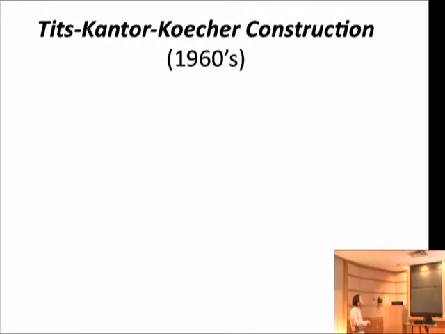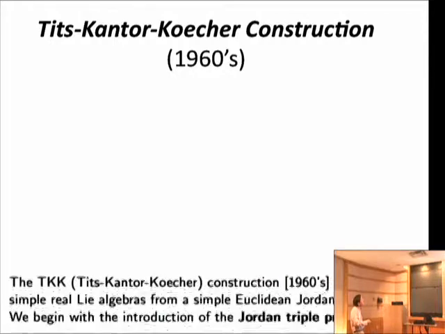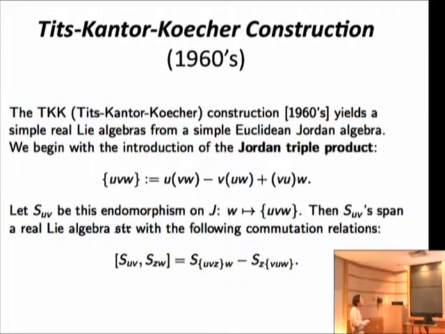Okay. Now, to me, there is an important thing, which is called the TKK construction. It is named after the 3 people who independently discovered this. Basically, to each simple Euclidean Jordan algebra, they can construct a simple real Lie algebra.